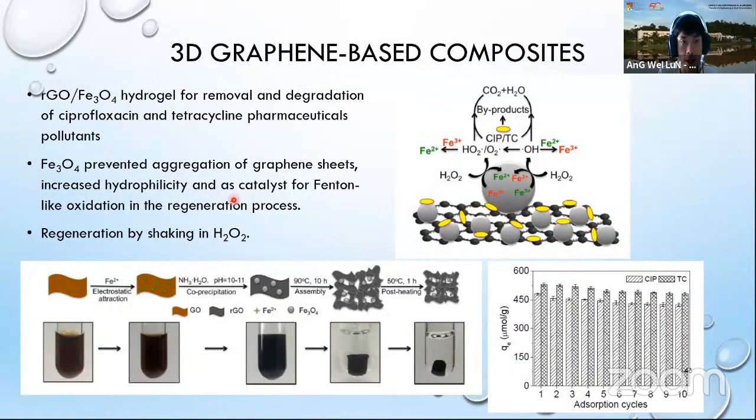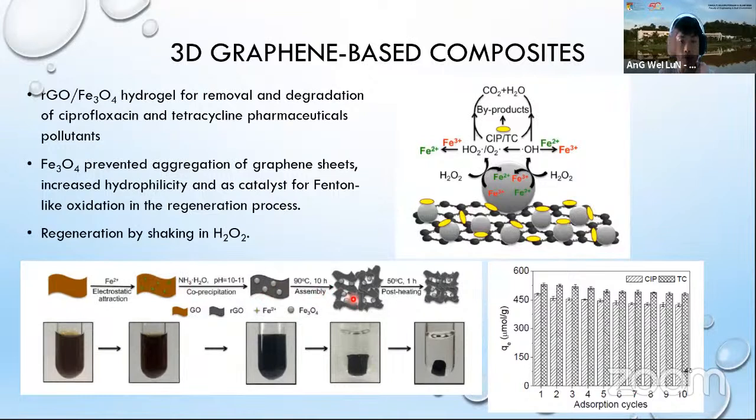And here is another 3D graphene hydrogel functionalized with iron oxide magnetic nanoparticles. This is for the removal and degradation of the ciprofloxacin and tetracycline pharmaceutical pollutants. The iron oxide nanoparticles will prevent the aggregation of the graphene sheets, because in between the layers you have the iron oxide nanoparticles on top.